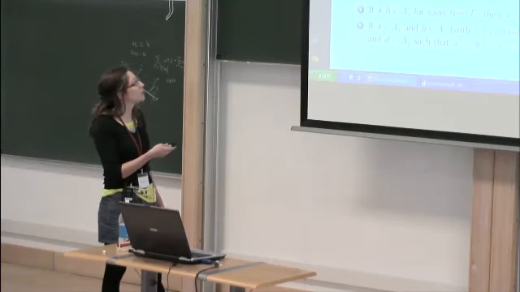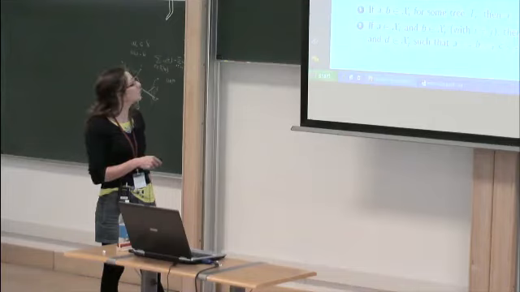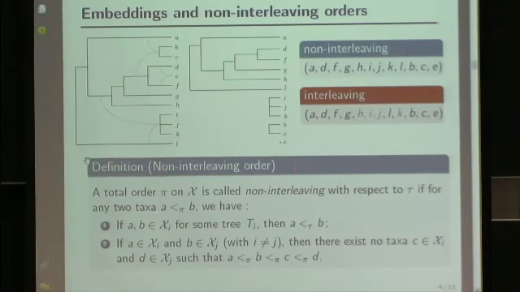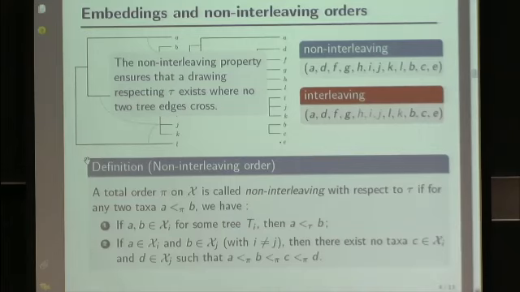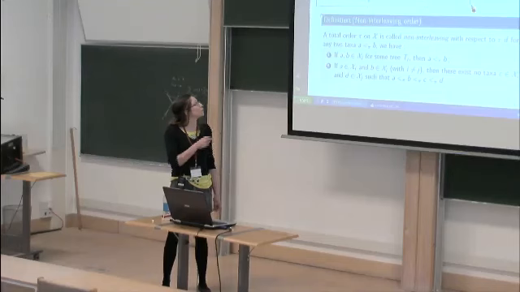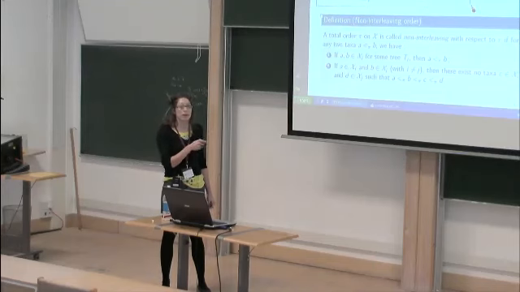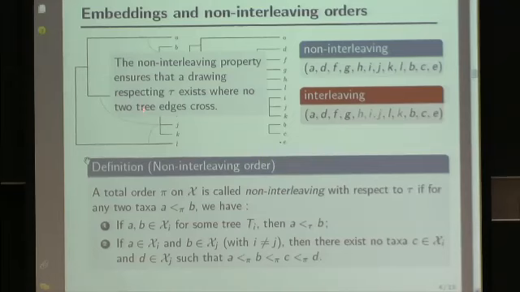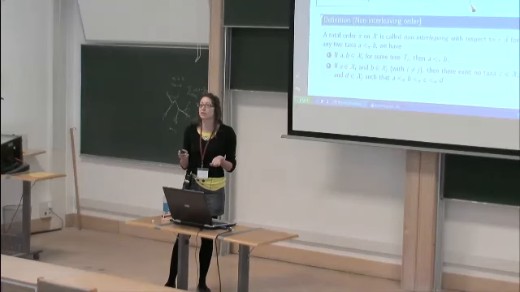So why I want my total order to be non-interleaving is because this interleaving property assures that I can actually draw the network from the embedding of Fn without 3-edge crossing. If you remember, the definition of tangram for trees is without edge crossing, okay?